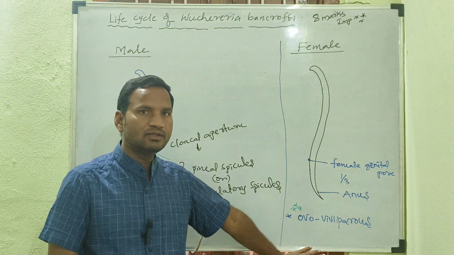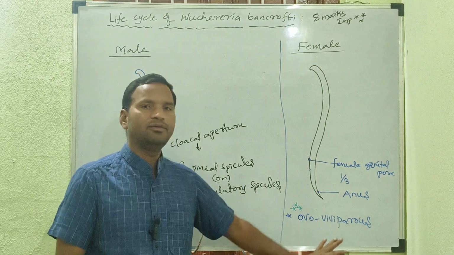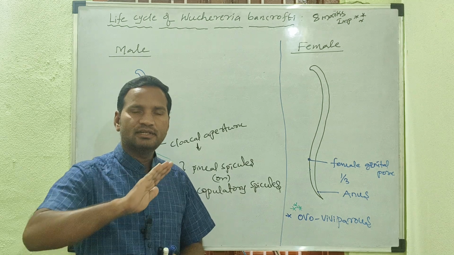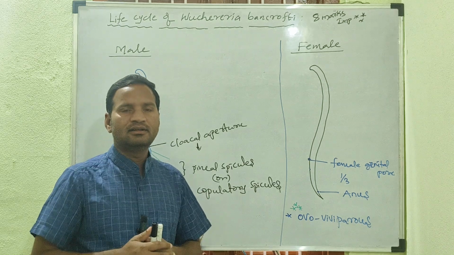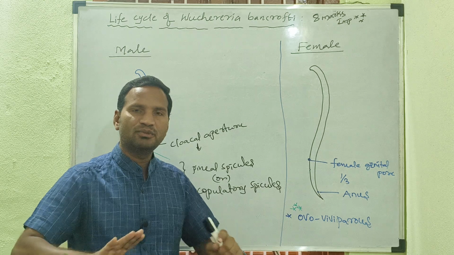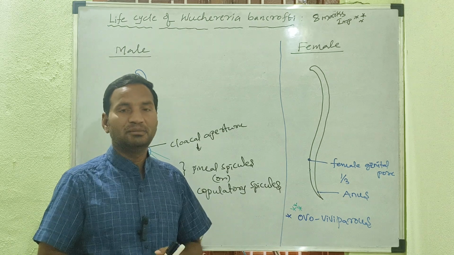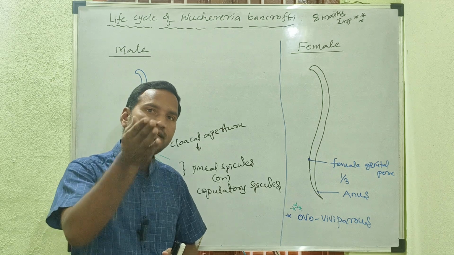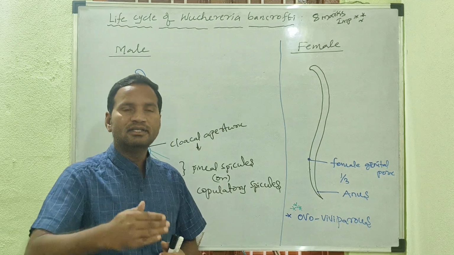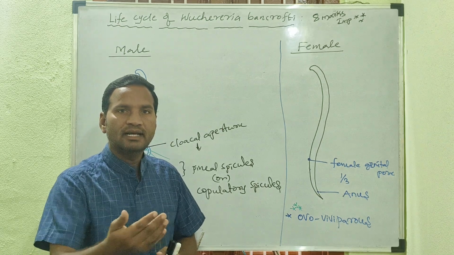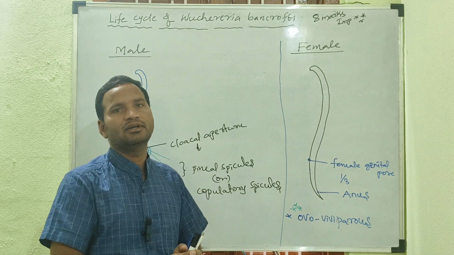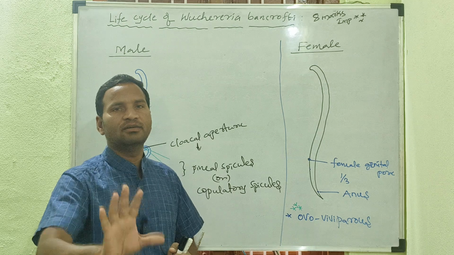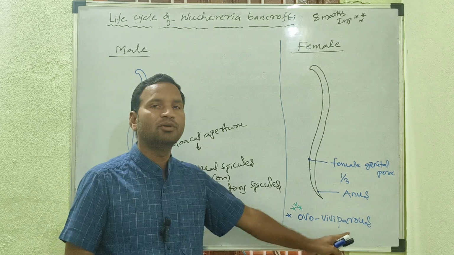But here ovoviviparous means the eggs are developed inside the body cavity just before the birth. The eggs hatch inside the body cavity and are released as young ones. That is called ovoviviparous.